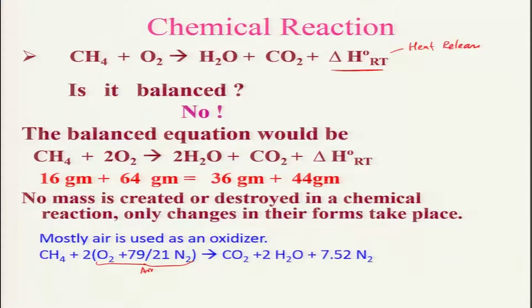Here we are considering that air consists of 79% nitrogen and 21% oxygen only, and then it is giving product of 1 mole of carbon dioxide, 2 moles of water and 7.52 moles of nitrogen, right. So, therefore, it is the balanced one.